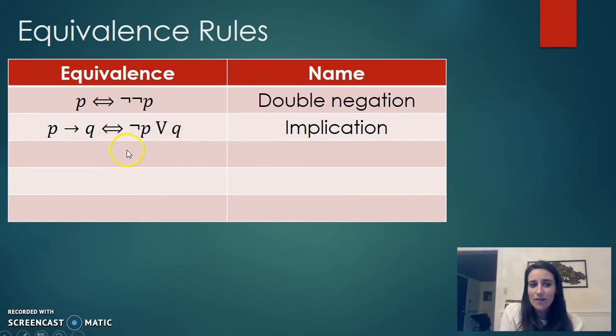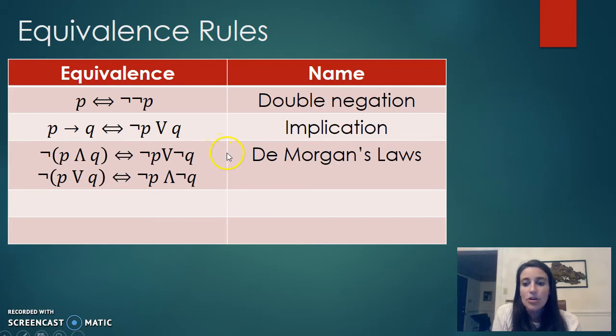Now this one is less obvious, but we use it all the time if we want to switch an if-then statement to something involving or. We have De Morgan's laws, and De Morgan's laws allow us to distribute a negative through an and statement or through an or statement.